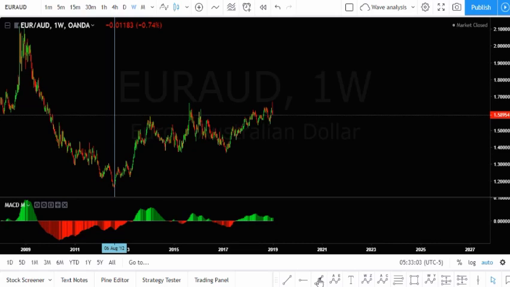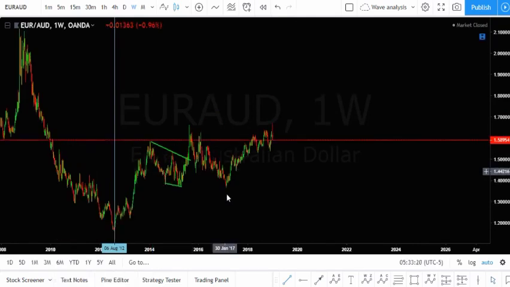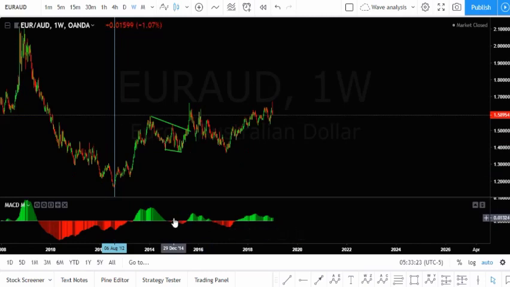So let's mark that, and this would have been your thought process when you saw something like that. Now you would have labeled this ABC, and you're expecting it to make a reversal or a bigger correction.